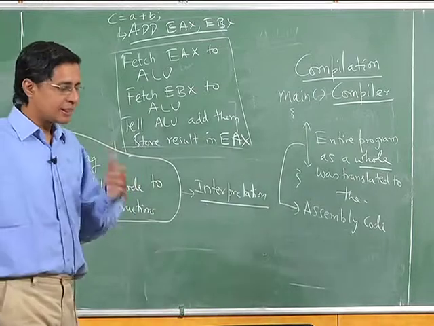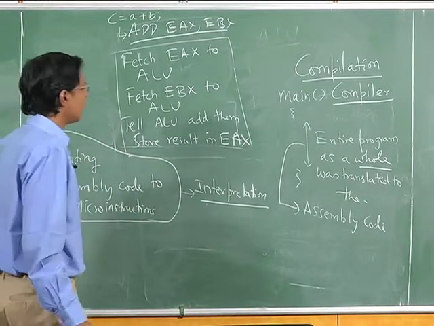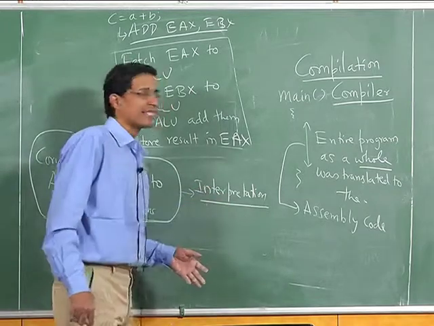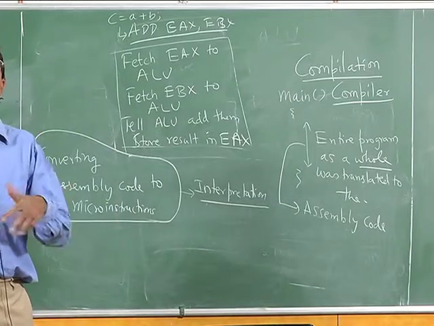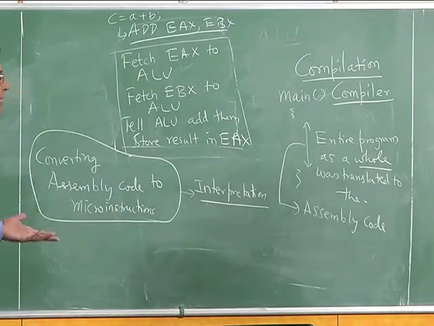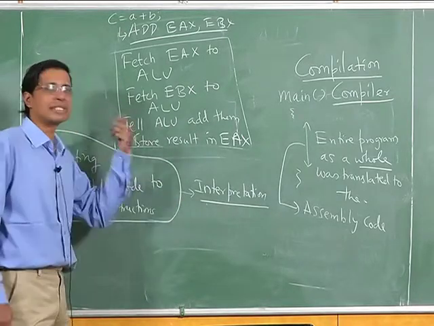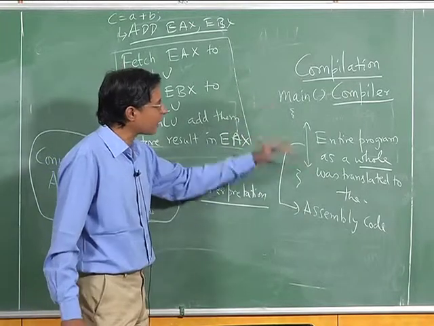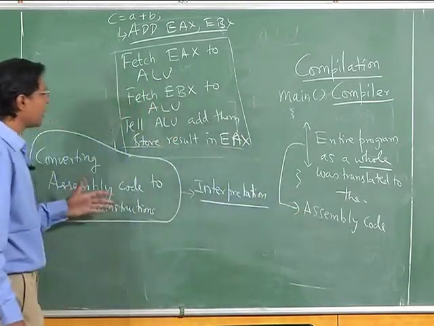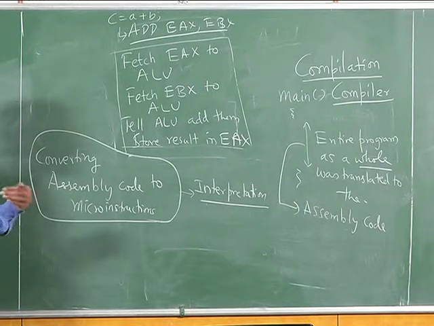In olden systems, say 20 years before, they will be called as interpreters. The old basic programs, they basically get interpreted. What I mean by interpretation is that every instruction of that basic program will be taken and executed, then the next instruction. Now we have compilers which take the entire program and compile to assembly code, but then the hardware takes each instruction of the assembly code, convert it to micro instruction, immediately execute, and then go and translate the next assembly code.